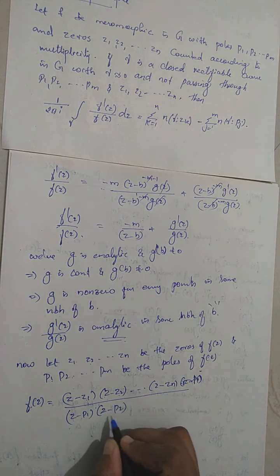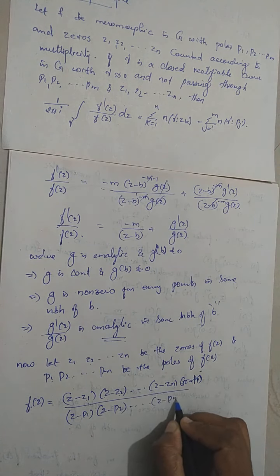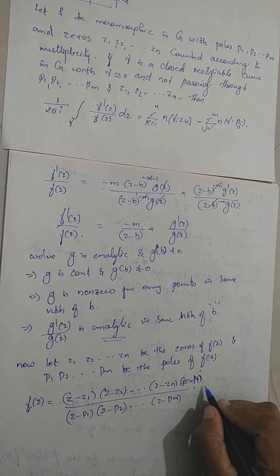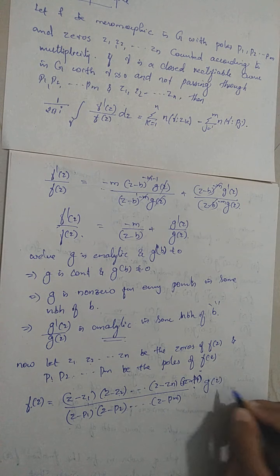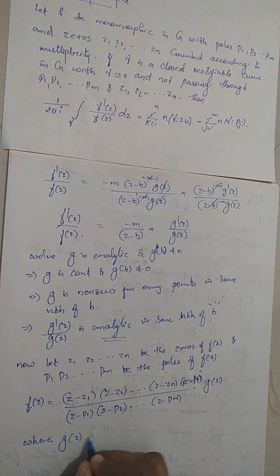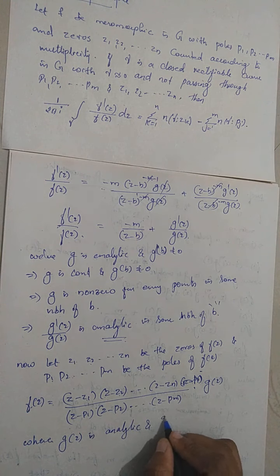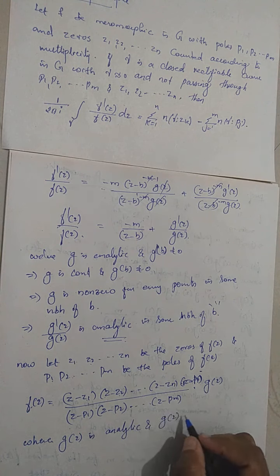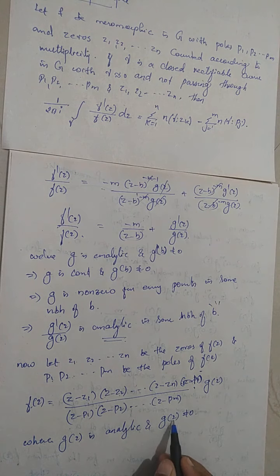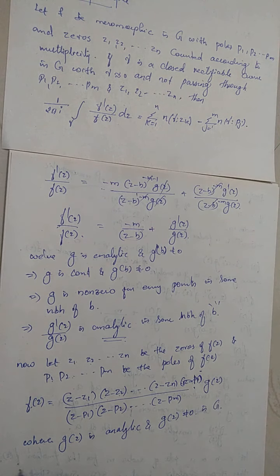Then p2 is a pole means z minus p2 is a term in the denominator, etc., z minus pm is a pole, and the product times some g z, where g z is analytic and g z is not equal to 0 for any z equal to z1, z2 etc. and p1, p2 etc., pm, non-zero in G.